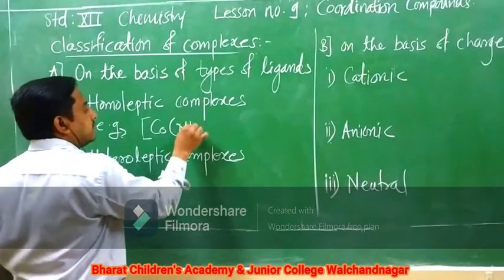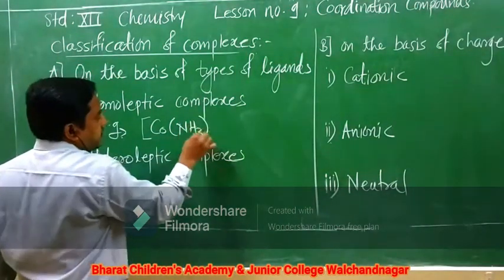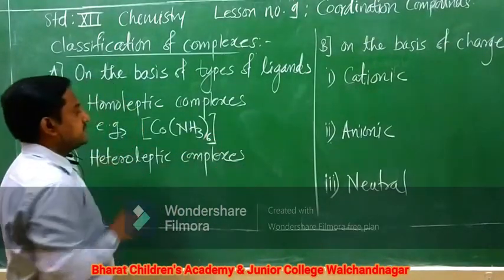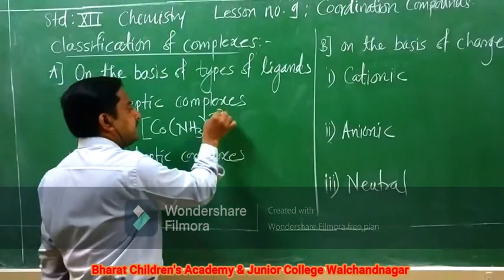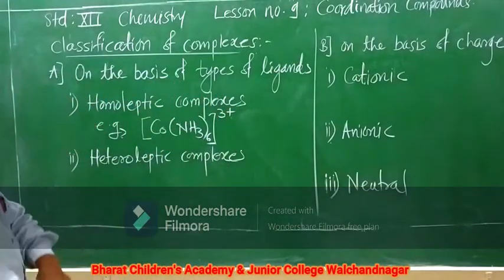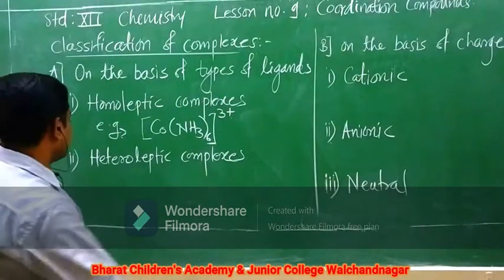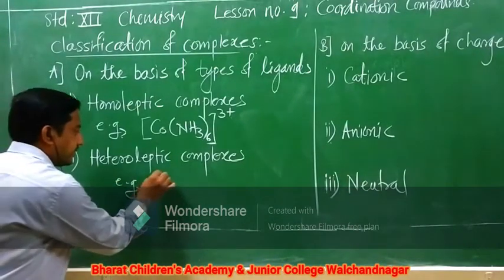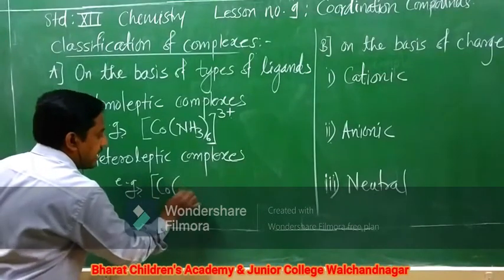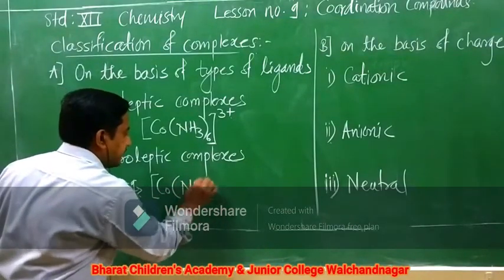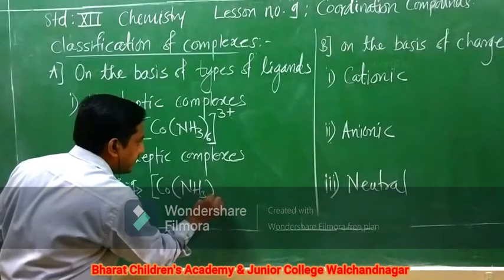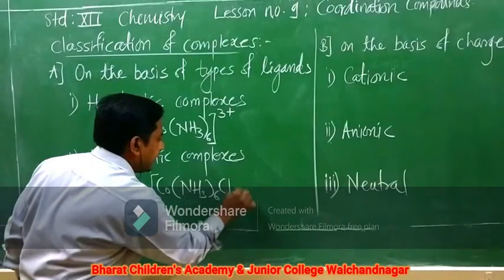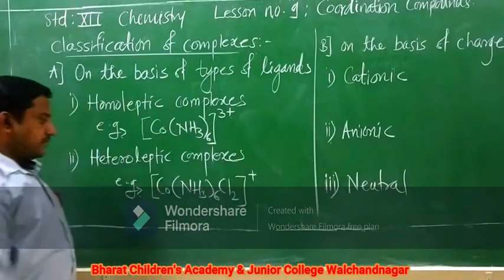So we can take the example of [Co(NH3)6]3+, a good example for the homoleptic complexes, whereas in case of the heteroleptic complex, we can take the same example and just add one more type of ligand inside the complex, and we'll get the heteroleptic complex.